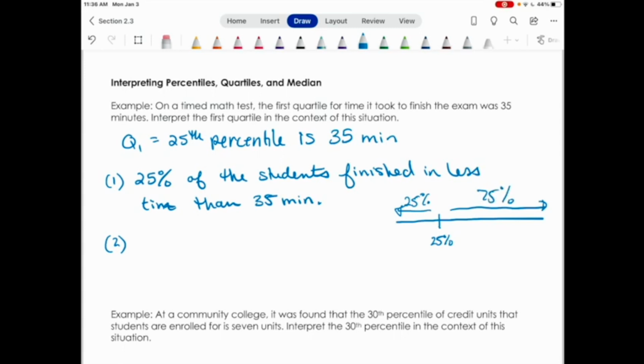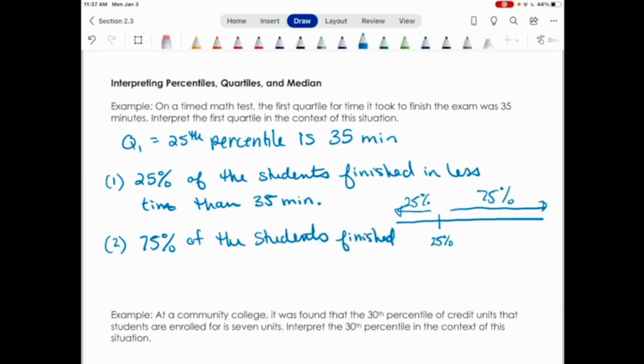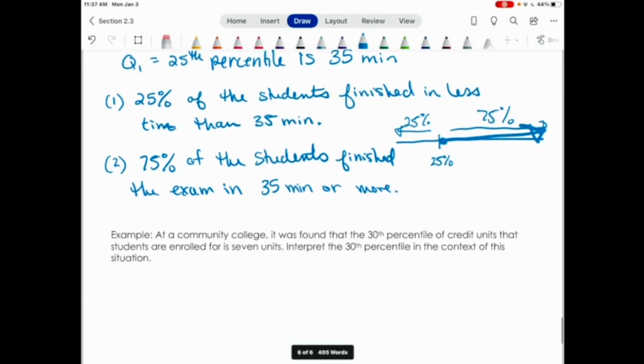So I could also write it as 75% of the students finished the exam in 35 minutes or more. It's from here and up. So you could write it either way.